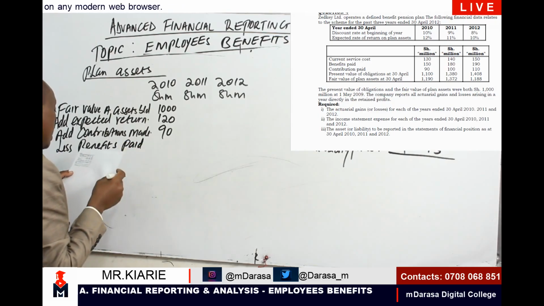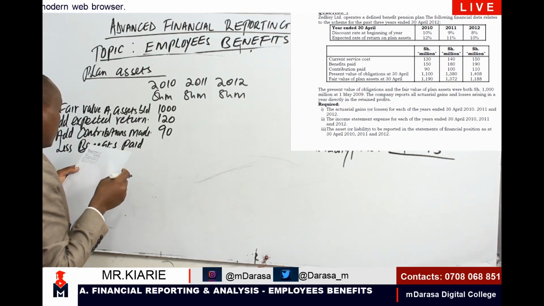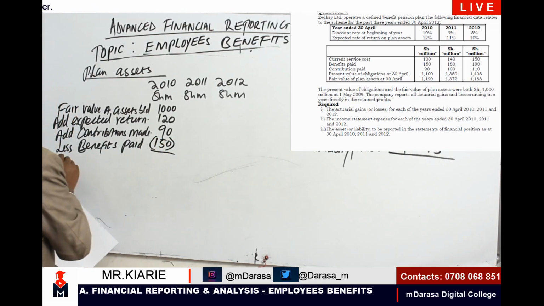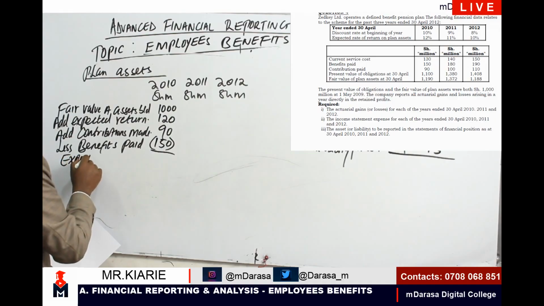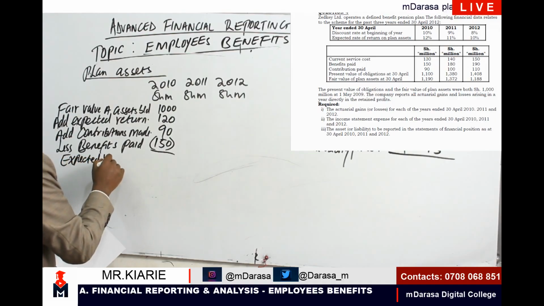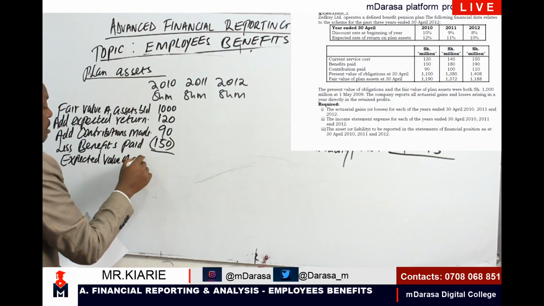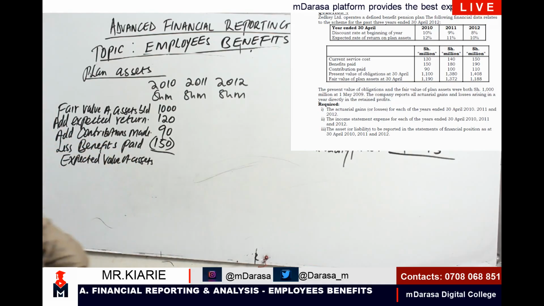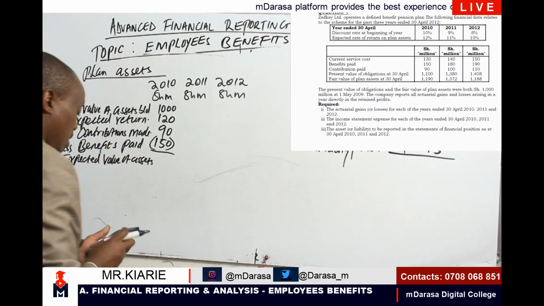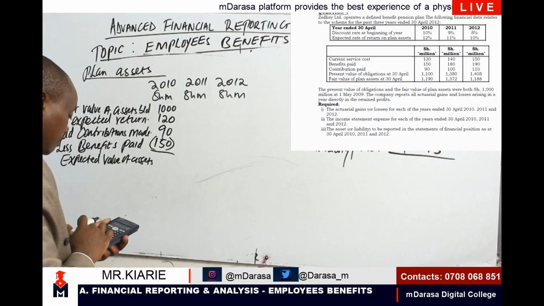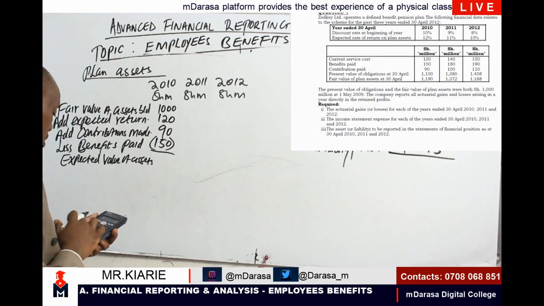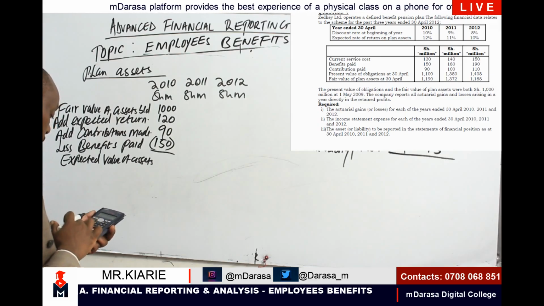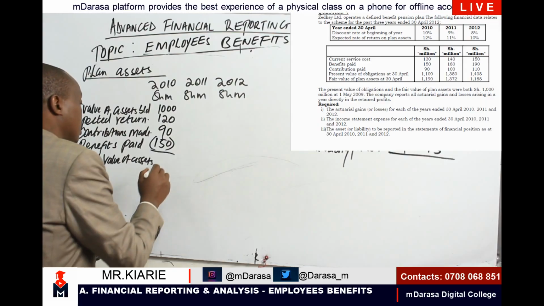For 2010, it was 150. And once I work out the expected value of plan assets, it will be 1,000 plus 120 plus 90 minus 150. This gives me 1060.